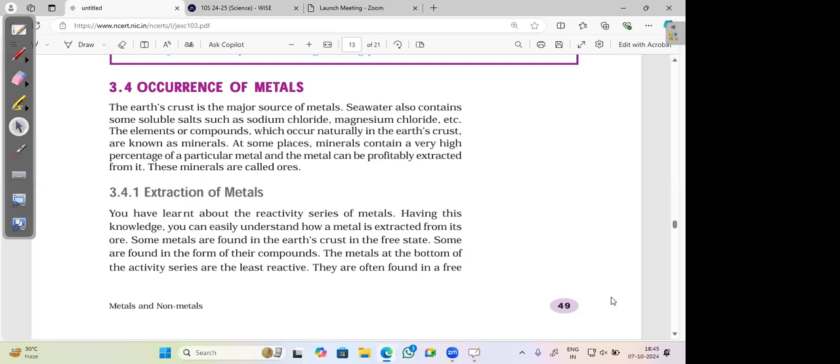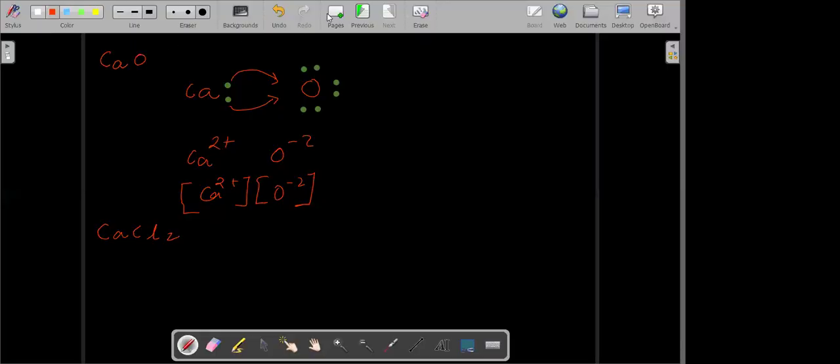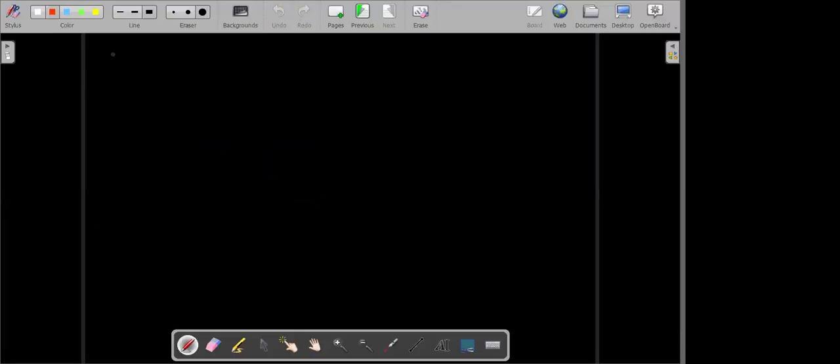Now we again move to the reactivity series. If I observe in the reactivity series, at the top you have potassium, sodium, calcium, magnesium, aluminium, zinc, iron, lead, hydrogen, copper, mercury, silver, and gold.